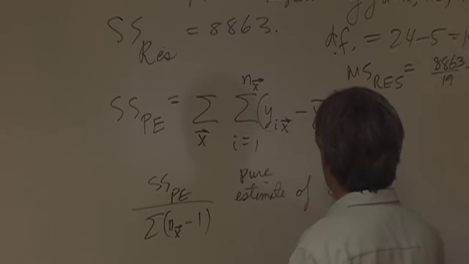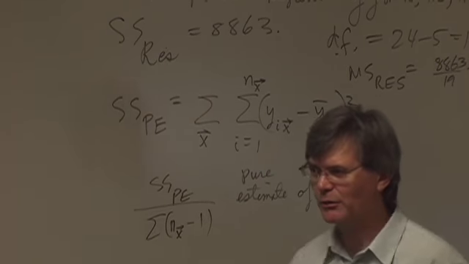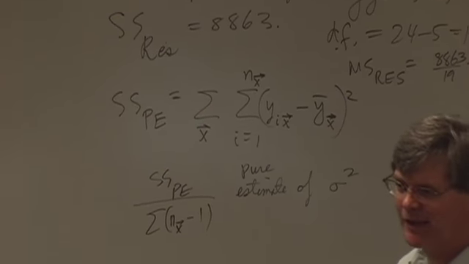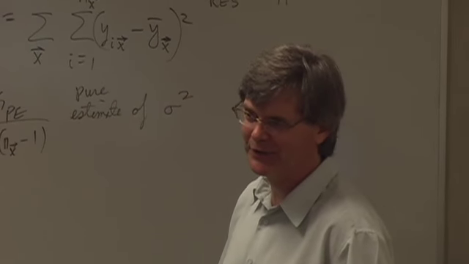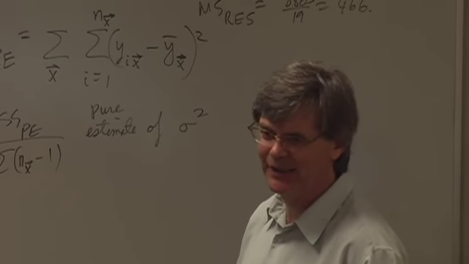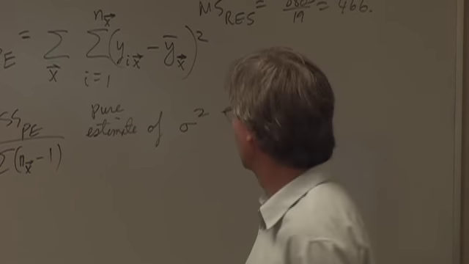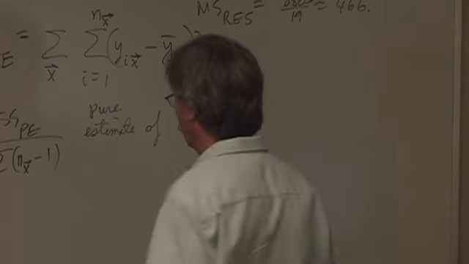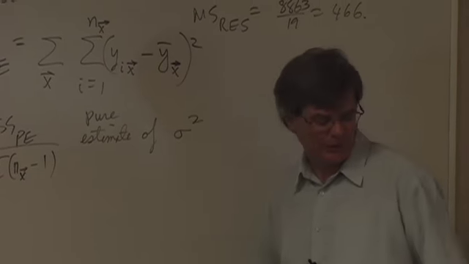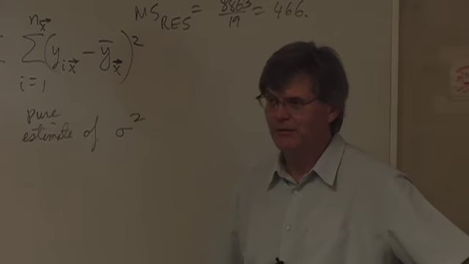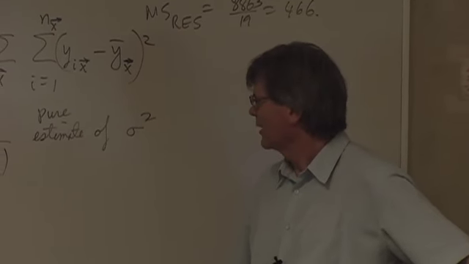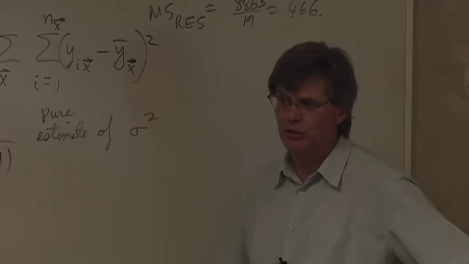of sigma squared. If there really is a common variance, of course, in this problem the assumption was, maybe there wasn't an equal variance, but let's pretend there was, then this would be a pure estimate of sigma squared. So there could be an inadequacy because of the model not holding, but this is just an example of how to actually do it.